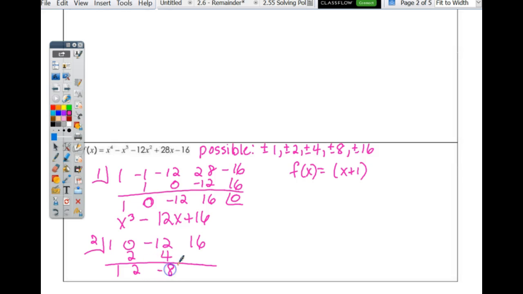Okay. So does that one work? So the x plus 2 works.